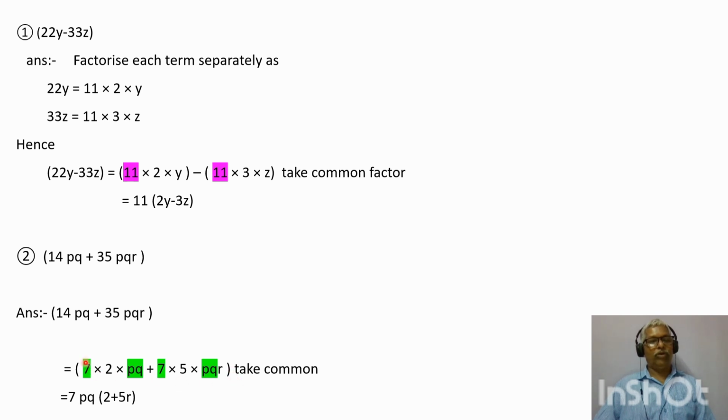And what is common, take common, this 7 and PQ, so 7PQ is taken common into bracket, here 2 and there 5R. Okay, so these are the factors of this expression. So you know how to factorize these expressions. Okay, we go further.